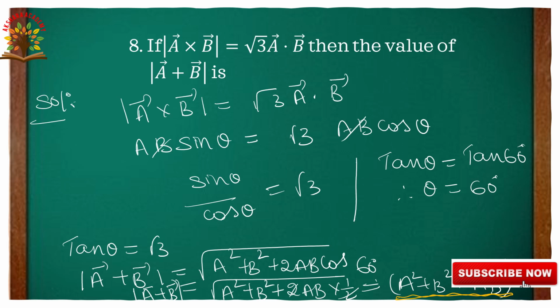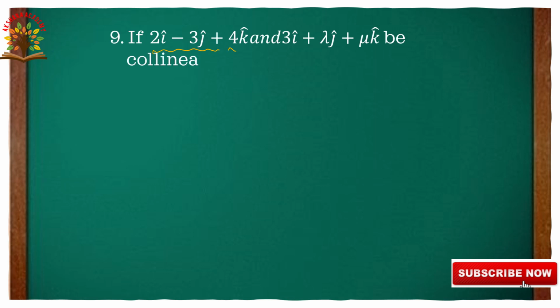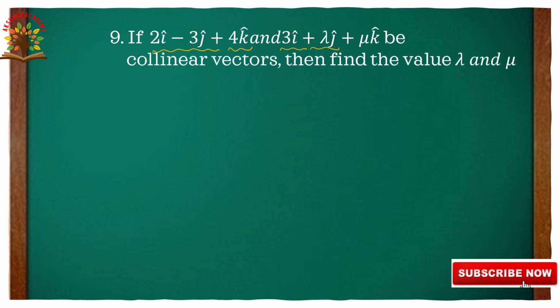Next question, going to the next question. If 2i cap minus 3j cap plus 4k cap and 3i cap plus lambda j cap plus mu k cap are collinear vectors, then find the value of lambda and mu. So let us go to the solution.